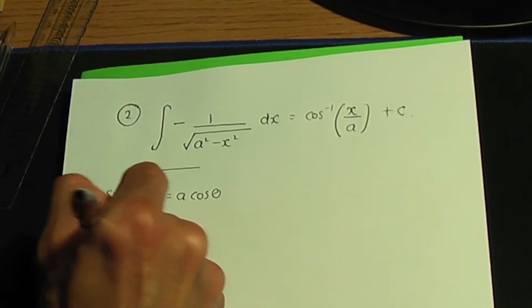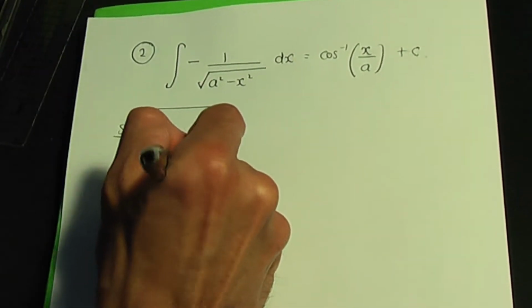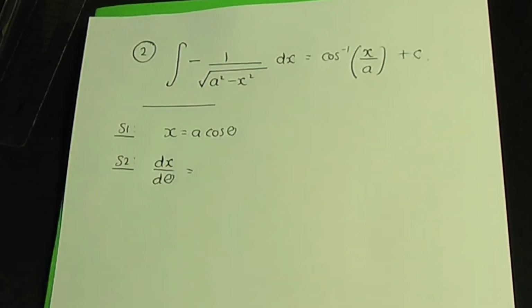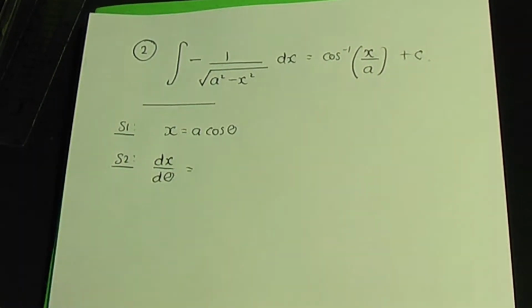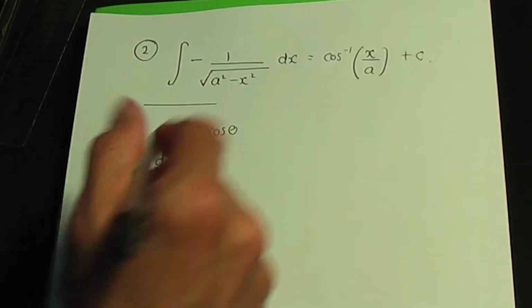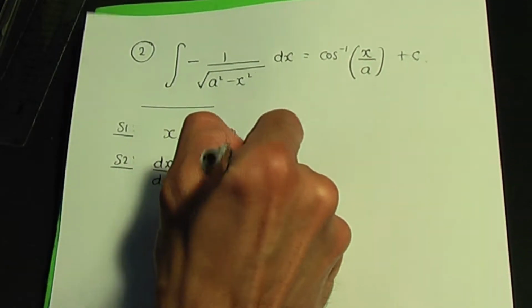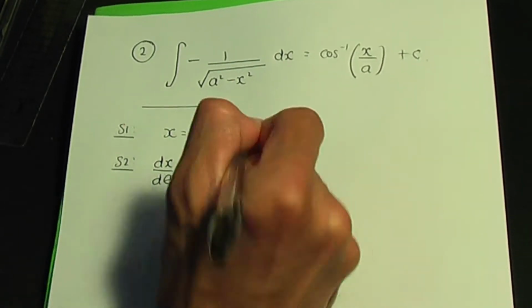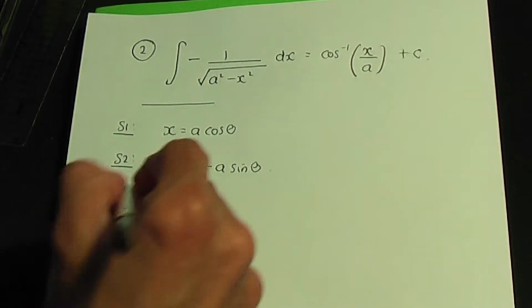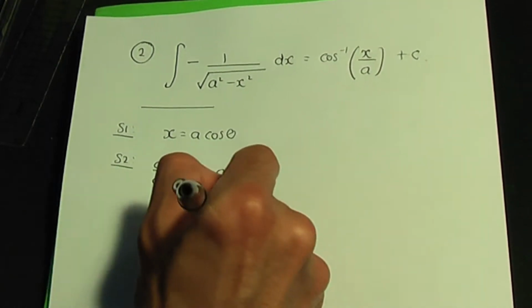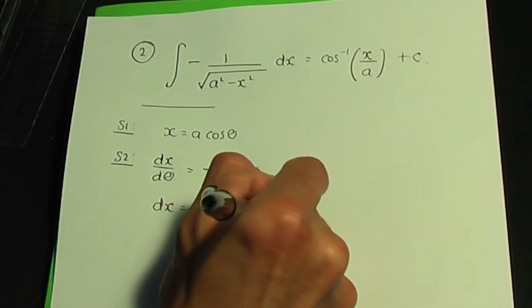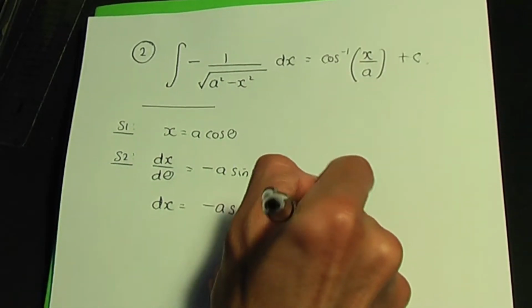So that takes us to step 2. So dx by d theta. When I differentiate cos, it's minus sine. So minus a sine theta. So dx will be minus a sine theta d theta.